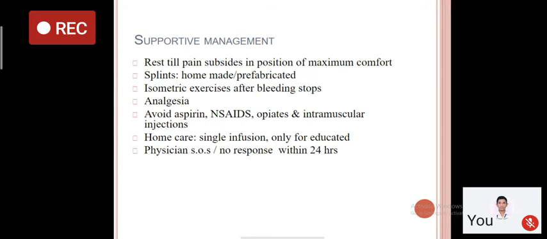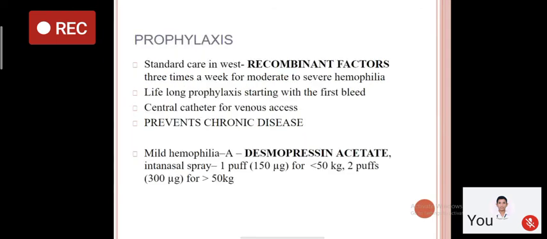Along with this factor replacement, supportive management including rest until the pain subsides in the position of maximum comfort, splints, which can be either homemade or prefabricated, followed by isometric exercises once the pain subsides or the bleeding stops, good analgesia, avoidance of the drugs which hamper your management, and infusion, home care. This is all very, very important.